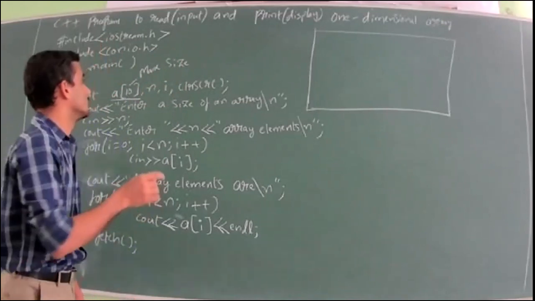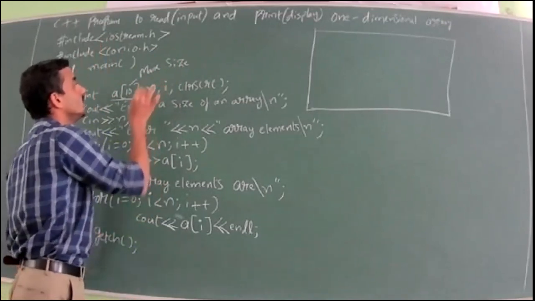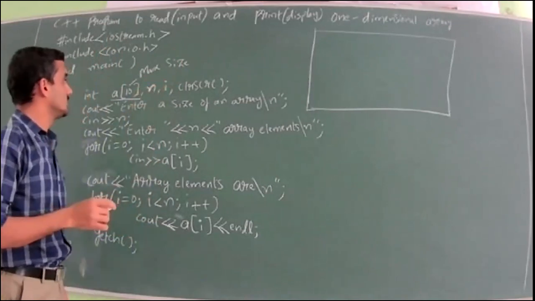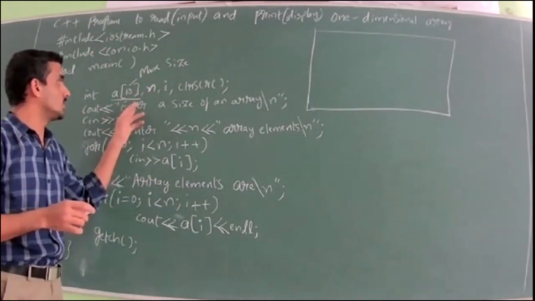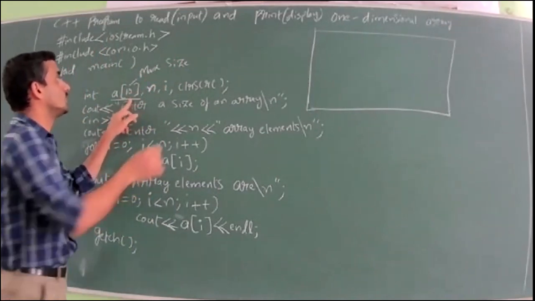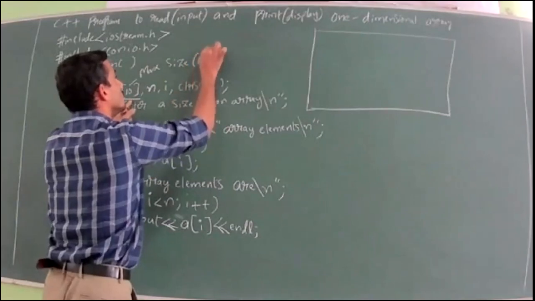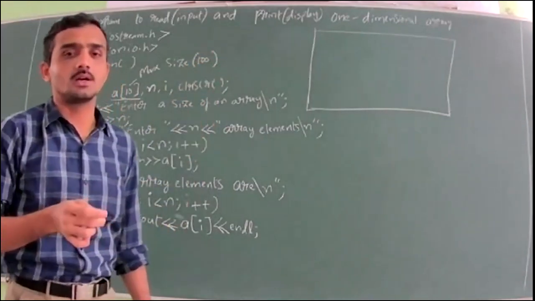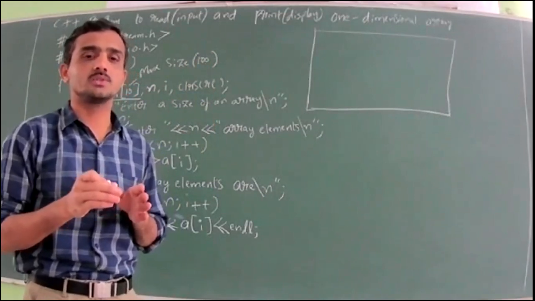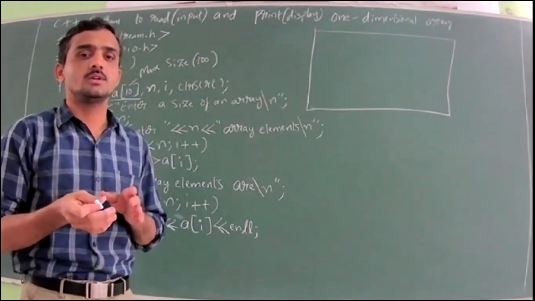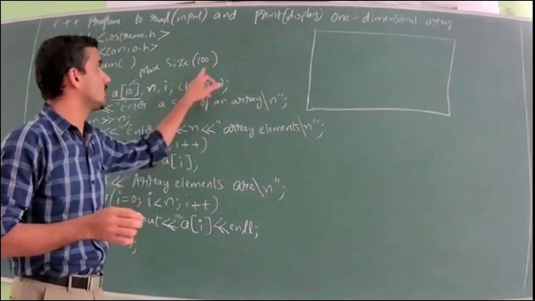Next, n. n is a variable which decides, out of the given 10 locations, how many elements you can enter. Because if the maximum size is 100, we need not enter all 100 elements. 100 locations will be given by the computer, but the user who types the values on the console screen need not enter all 100.